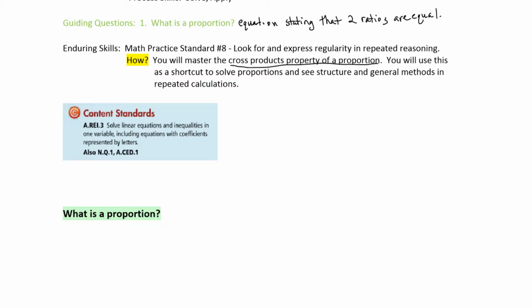So now we'll go ahead and look at our definition of proportion. Our definition of proportion, as we stated earlier, is an equation stating that two ratios are equal.